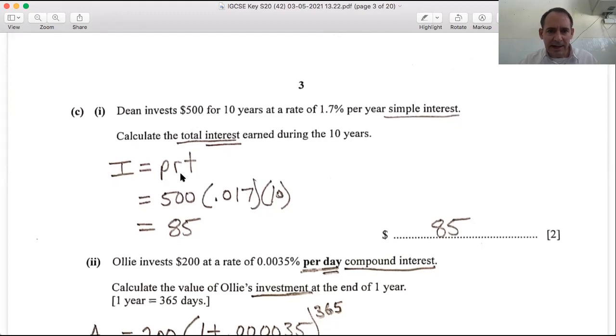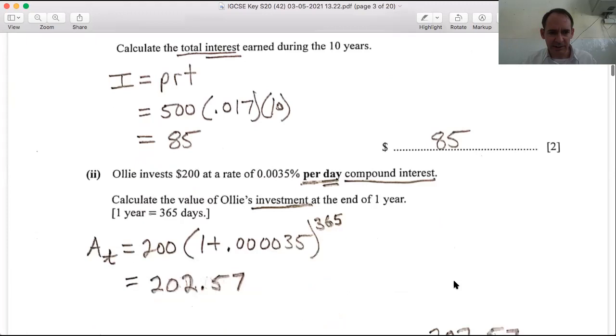Then the R is the rate, 1.7, move the decimal over twice, 0.017 to take it from a percent to a decimal. And then T is time, which is 10 years. Multiply all that out and you get $85 is the total interest for the 10-year period.